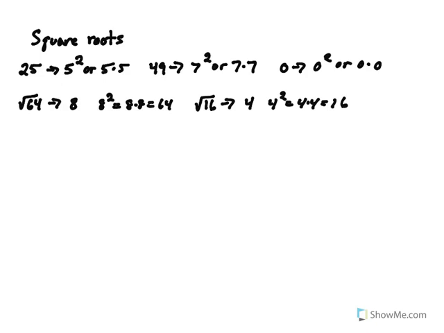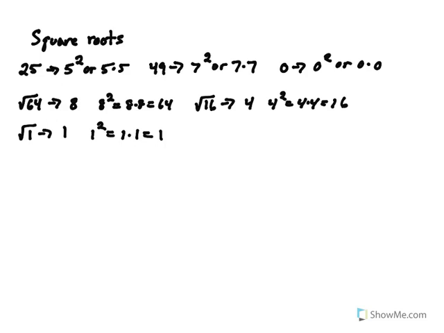So 4 times itself gives you 16. 16 is a perfect square. Square root of 1 is 1, because 1 squared is equal to 1 times 1. So all of these are perfect squares.